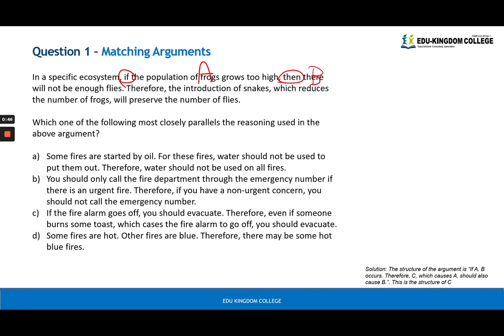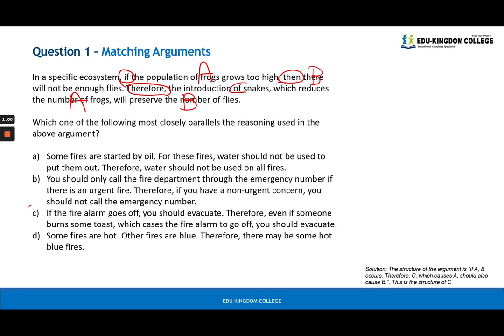Therefore, the introduction of snakes, C, which reduces the number of frogs, which reduces A, will preserve B. So therefore, if C happens, which will cause A, B will be saved, or B will happen.